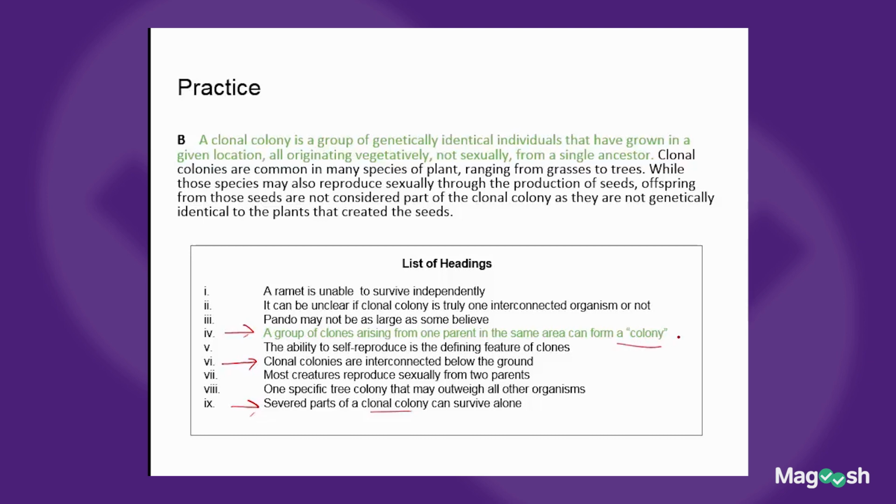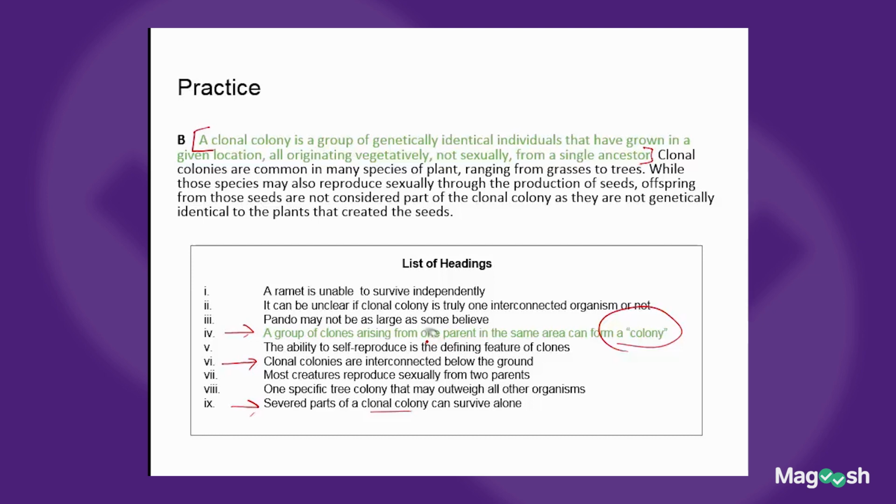Little tricky. The word colony is saved for the end, but notice some things here. As we discussed before we started analyzing the question, we know this is a definition. This paragraph defines what a clonal colony is, right? And this topic sentence gives you clues about that.